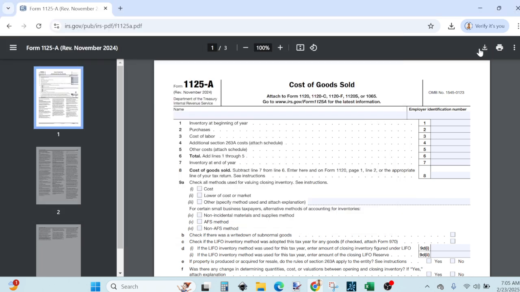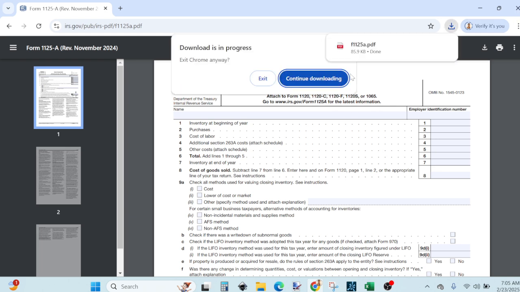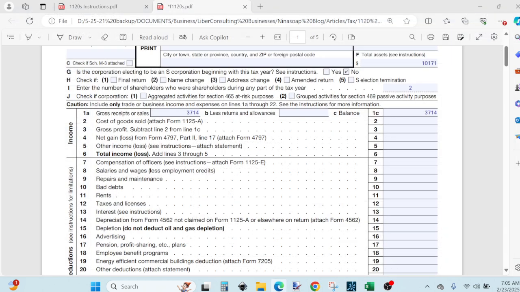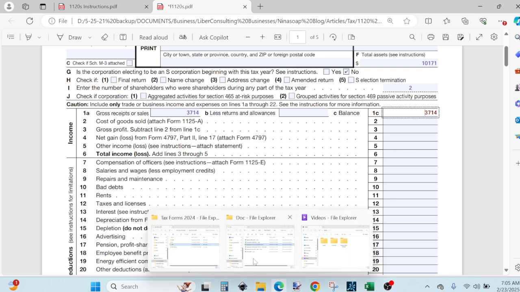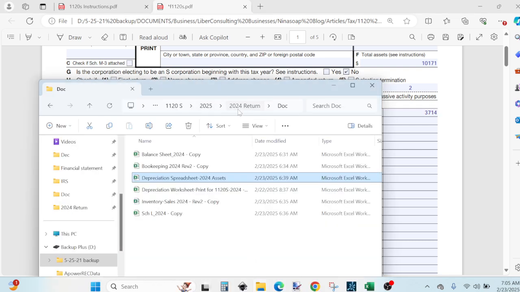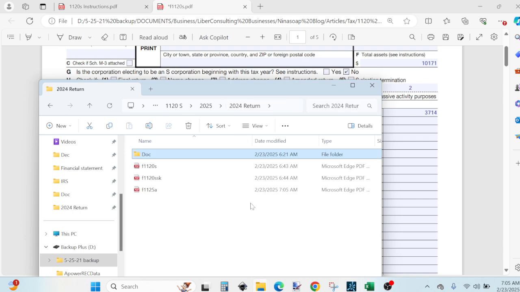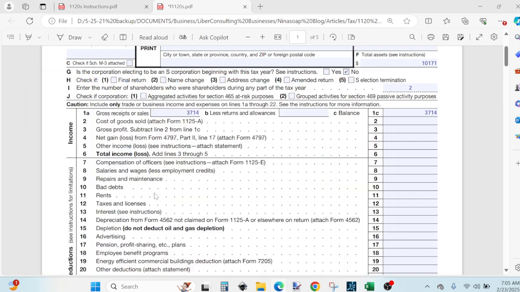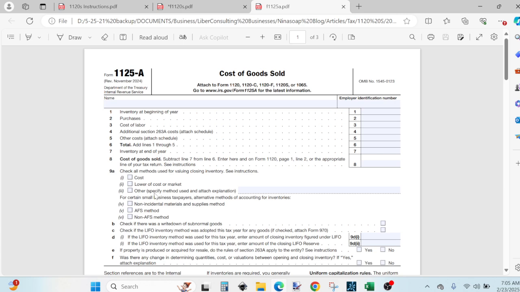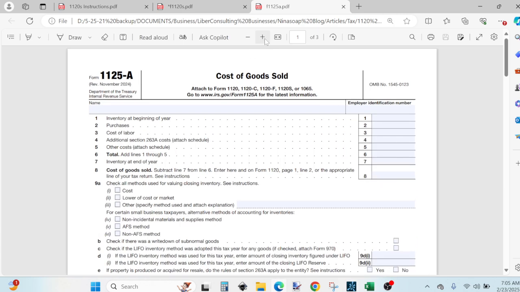When you are using the tax software to file your return, the tax software usually will ask you a question, you give an answer, and it will put that answer, that number that you gave, in the right form on the right line for you.